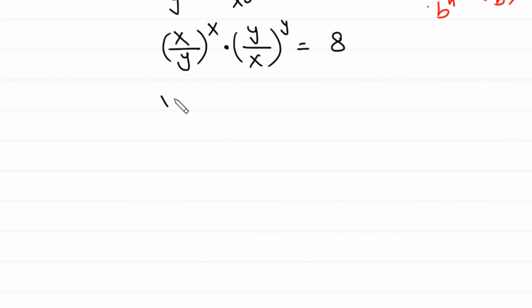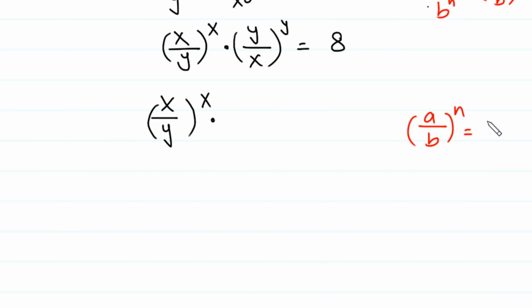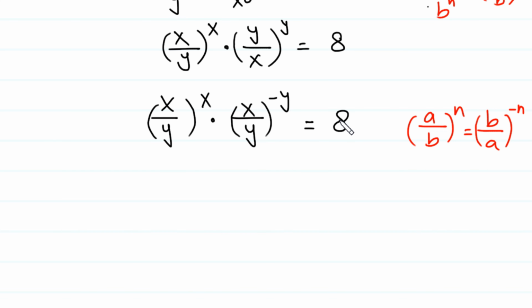Next, x over y to the whole power x times, according to the rule of exponents, a over b to the whole power n is equal to b over a to the whole power negative n. We can write this y over x to the whole power y as x over y to the whole power minus y is equal to 8.